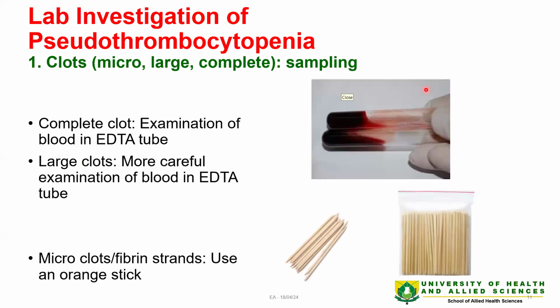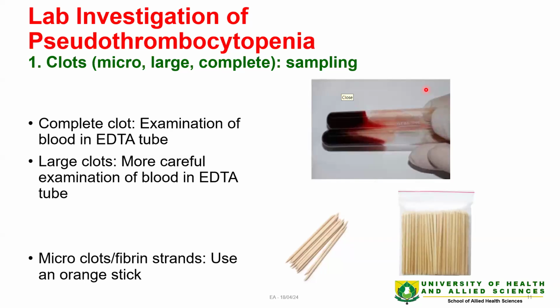So now what we want to do is, in the case of a thrombocytopenia which we suspect to be false or artificially created, how do we investigate to tell that we are dealing with a case of pseudothrombocytopenia? Because anytime you are able to establish that you are dealing with pseudothrombocytopenia, it means you will need to take a fresh sample and rerun the test.